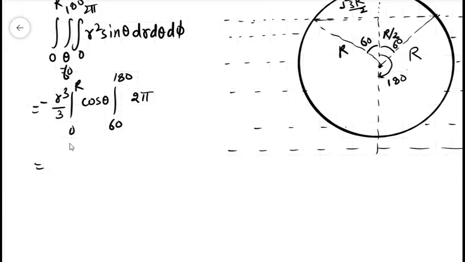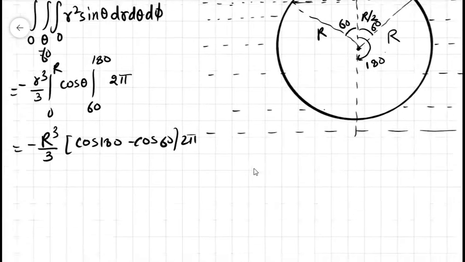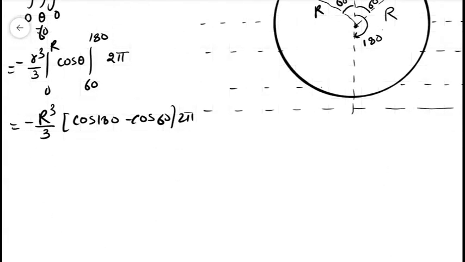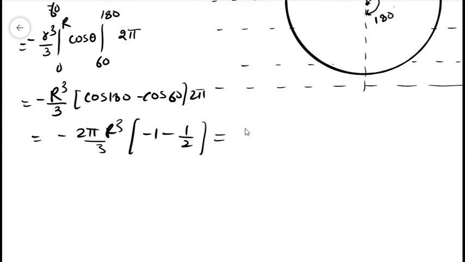So this turns out to be R cube by 3 times minus cos 180 minus cos 60 into 2 pi. Solving this, we will get 2 pi R cube by 3 times 1 plus half, so this will be equal to pi R cube.